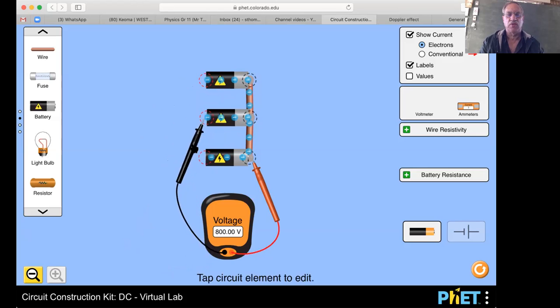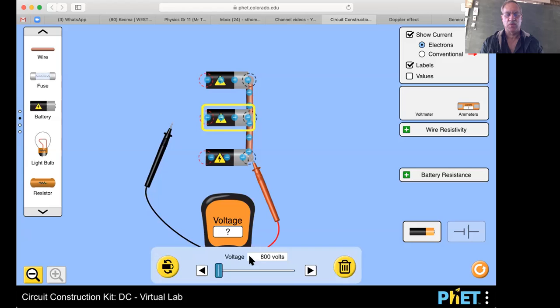So if you've got batteries in parallel, they must always more or less be the same voltage. If they're not the same voltage, you're going to find that one battery is going to send a current to another battery. So let's make all the batteries the same voltage. Let's make that 100 volts each, and then a current shouldn't flow.